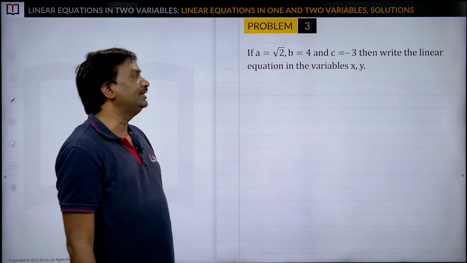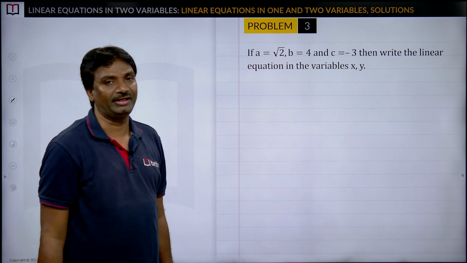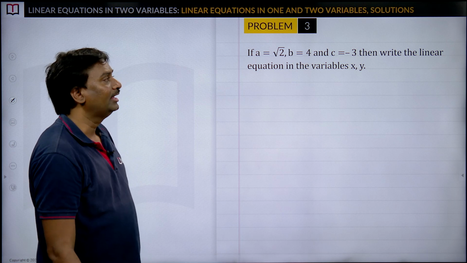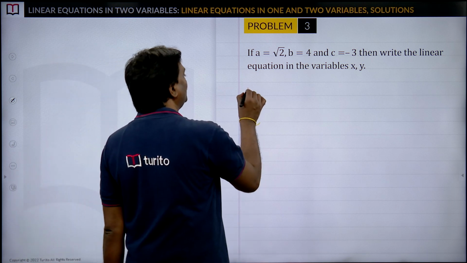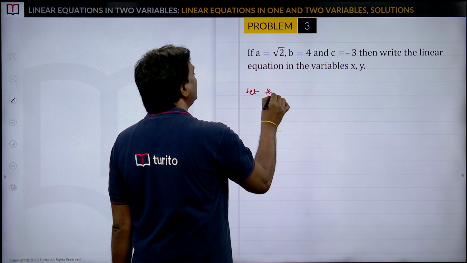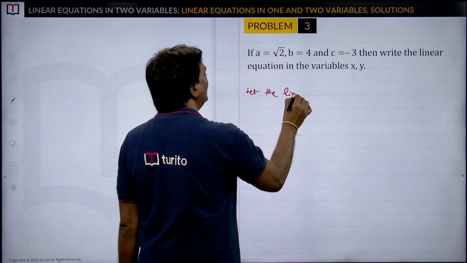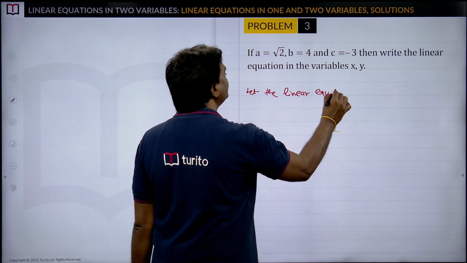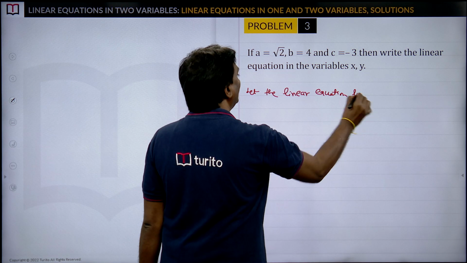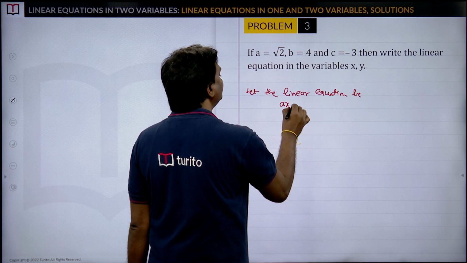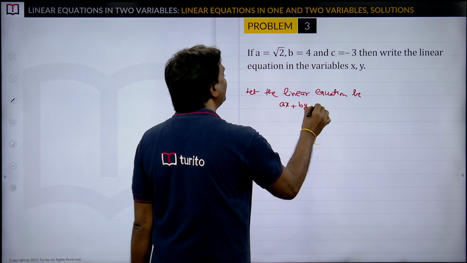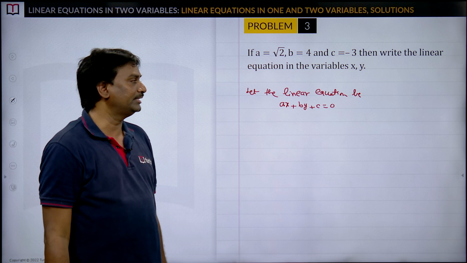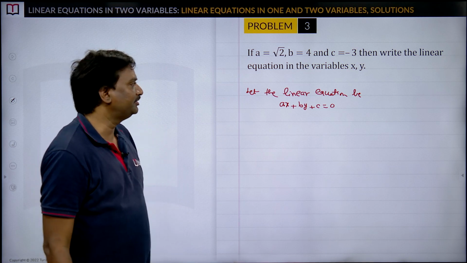3, then write the linear equation in the variables x and y. We know the linear equation in two variables in the standard form is Ax plus By plus C equal to 0. So, let the linear equation in the variables x and y be Ax plus By plus C equal to 0.